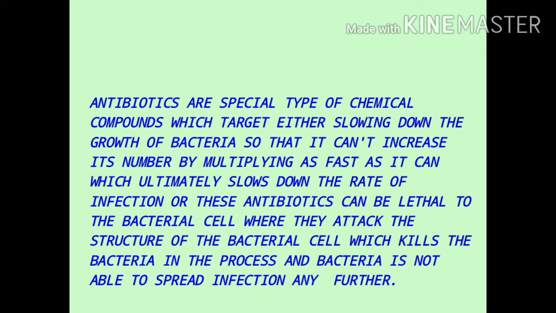It will slow down the rate of infection. Sometimes these antibiotics can be lethal to the bacterial cell, where they attack the structure of the bacterial cell and kill the bacteria in the process. As a result, bacteria are not able to spread infection any further.